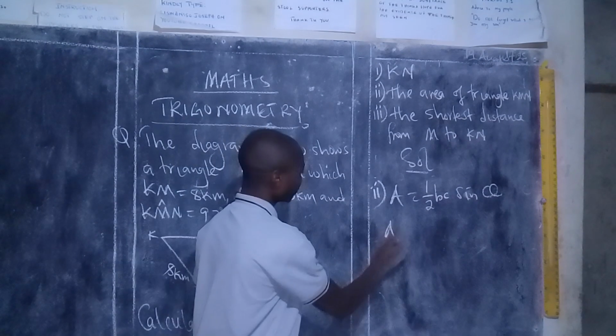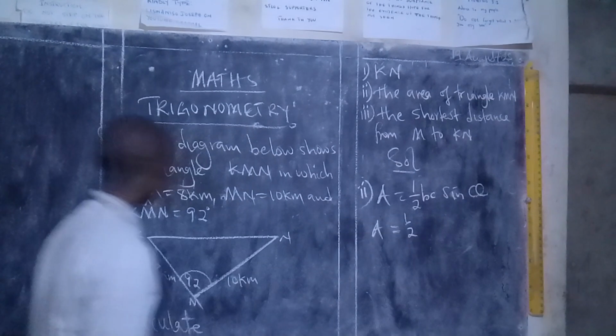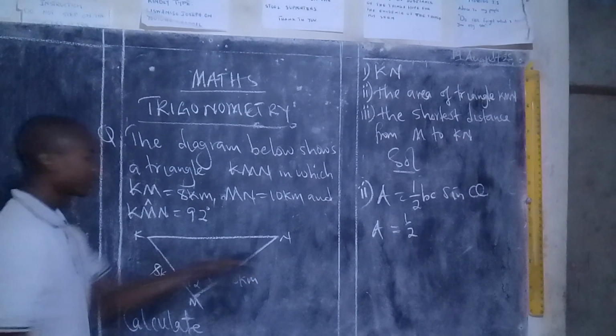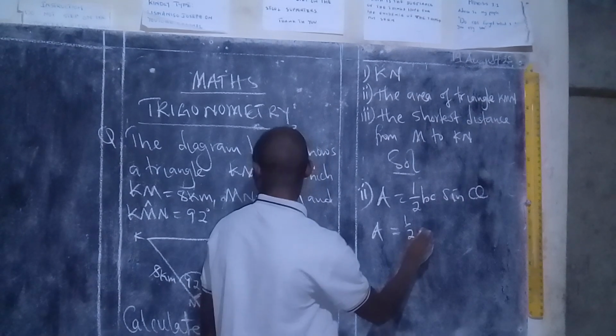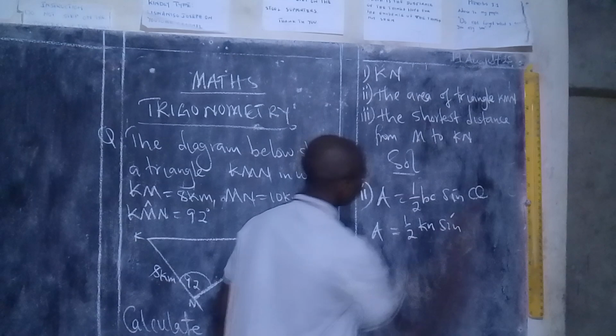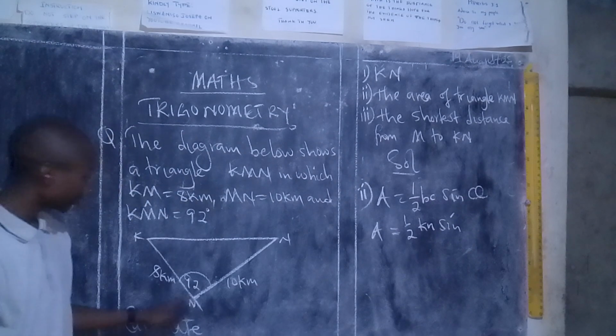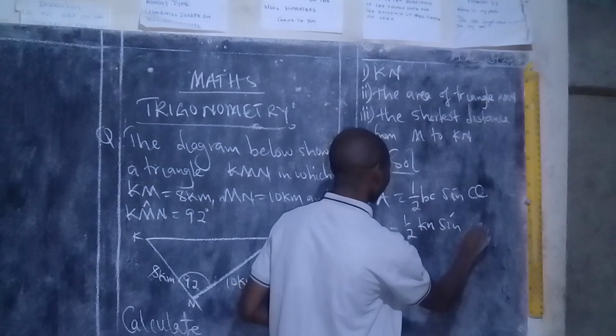We say A is equal to half. This bc represents what you had there as NK or KN. So write KN, sin. The sin we have is the M, as you can see here. So write that is M.